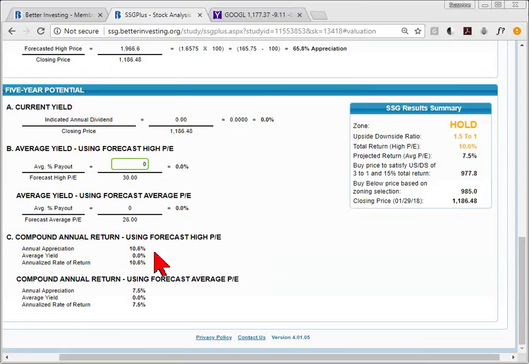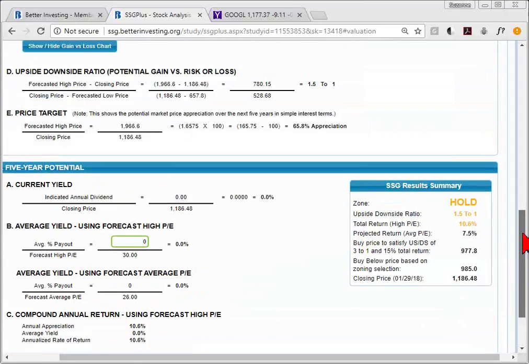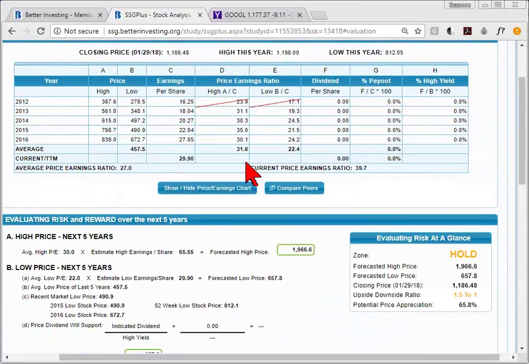These compound annual returns are also listed over here, the 10.6. If you are using your projected return, and some people do this, and say, I'm going to use the average PE, what that means is the average PE is simply the average of these two numbers, and calculate that.